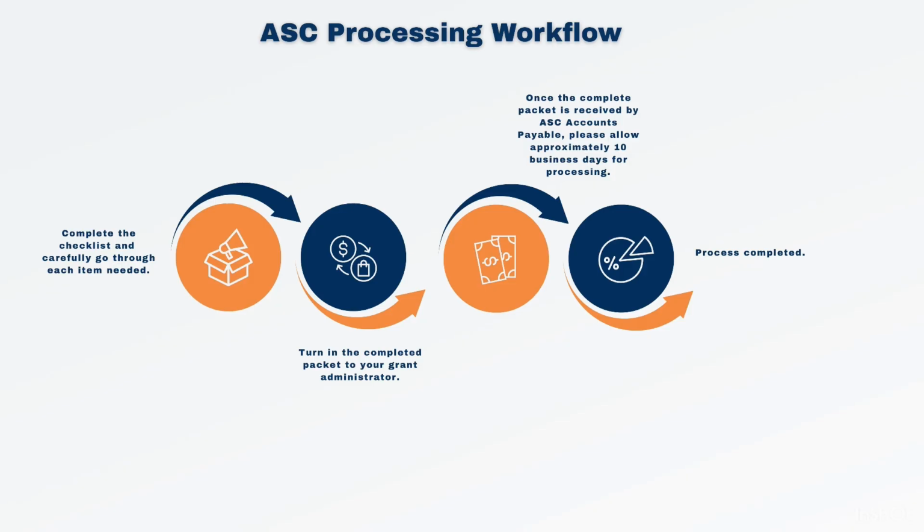The checklist includes any required fields that need to be filled out, as well as any requirements by the type of purchases that you're making. If you're purchasing a computer, that would require an IT authorization, which would need to be attached.